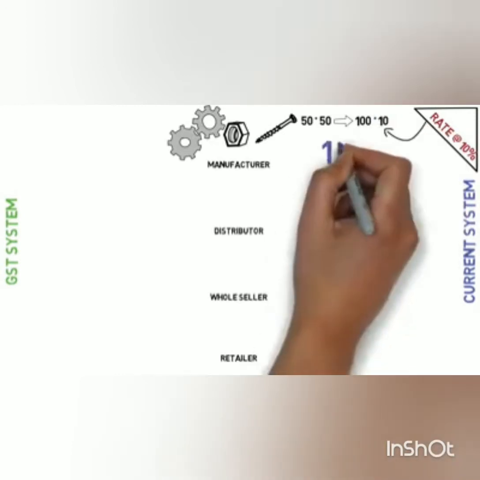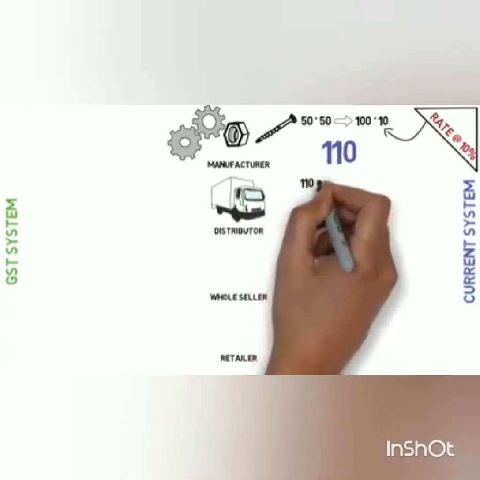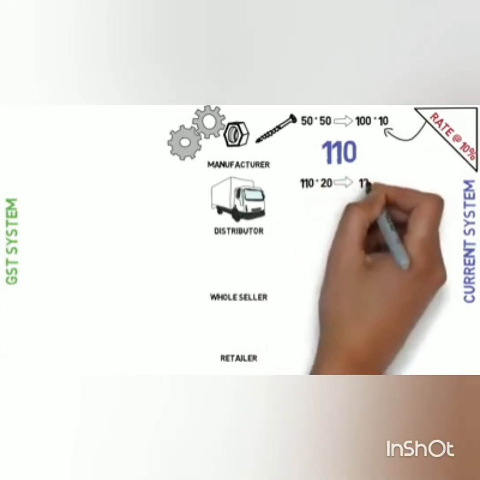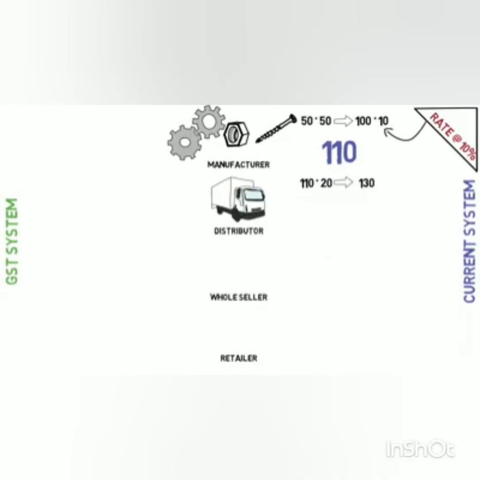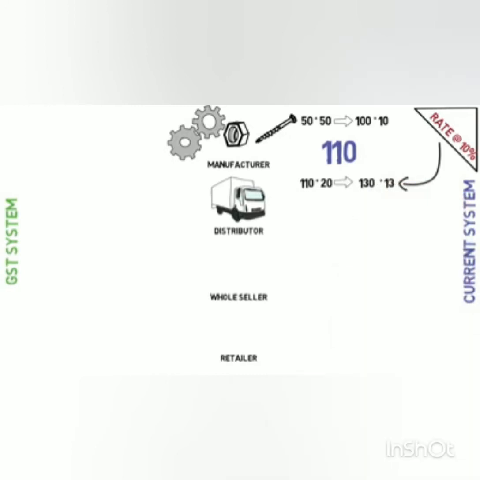So the cost of the product for the distributor is 110 rupees. The distributor adds a value of 20 rupees, which is nothing but his profit. So the price becomes 130. The distributor also sells it by adding 10% tax of 13 rupees. So the product is 143 rupees now.